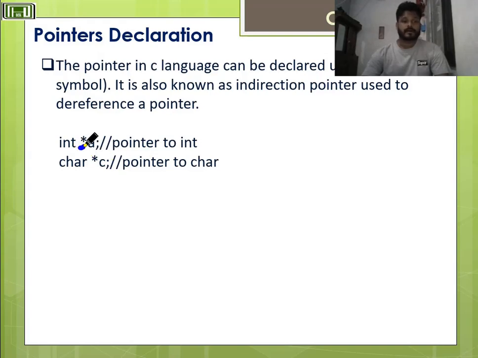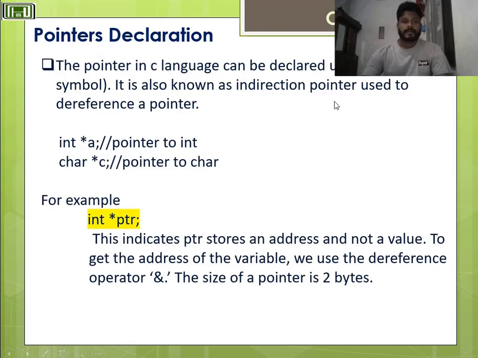So this star can be used to declare a pointer. For example, in int *ptr, this indicates that ptr stores an address and not a value. To get the address of a variable, we use the address-of operator, that is ampersand. So the size of a pointer is 2 bytes.